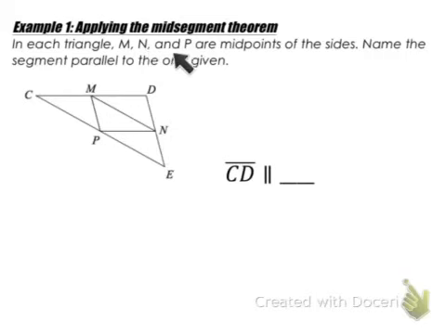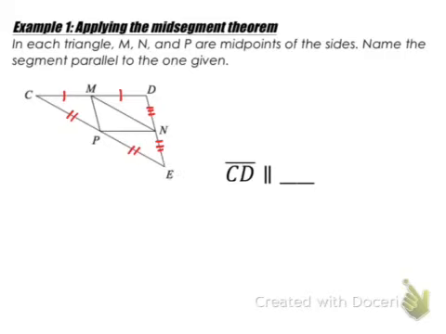Knowing that M, N, and P are midpoints of the sides of the triangle, we can say CM and MD are congruent, CP and PE are congruent, and DN and NE are congruent. All different lengths, but on each of the three sides we have two congruent parts.